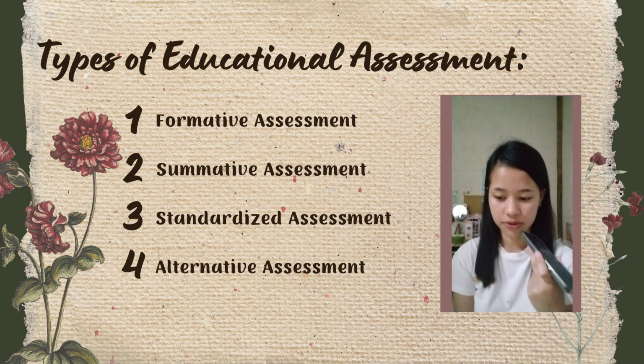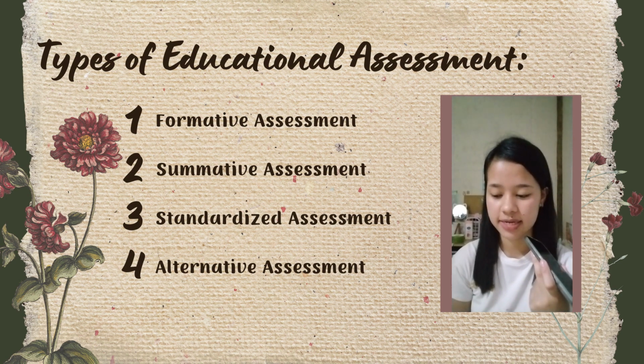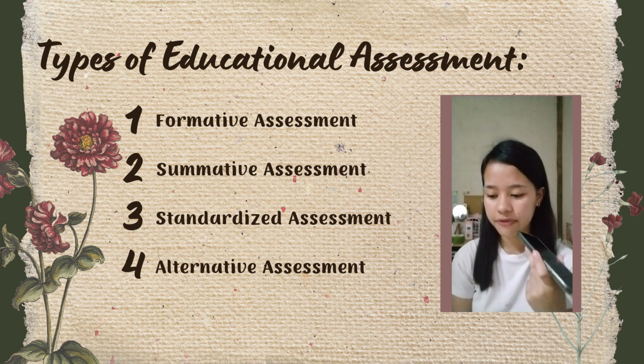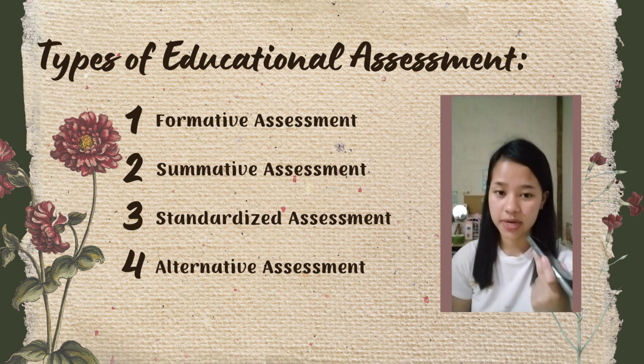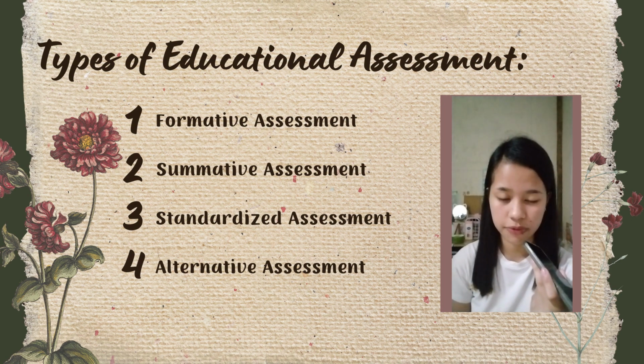There are four categories for the types of educational assessment, namely formative, summative, standardized, and alternative. For the formative assessment, from the name itself, it is an ongoing process. Teachers can monitor on a day-to-day basis to figure out what needs further improvement.